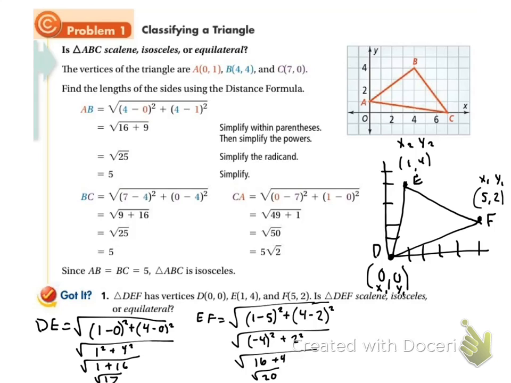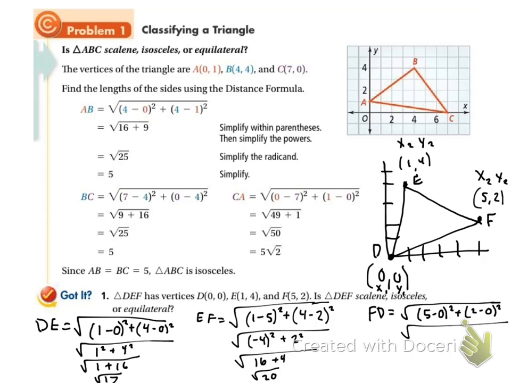Okay, and we've got our last side. I'll change these guys up here, make those my X2, Y2. So FD is equal to the square root of my X2, which is 5, minus my X1, which is 0, squared, plus my Y2, which is 2, minus my Y1, which is 0, squared.